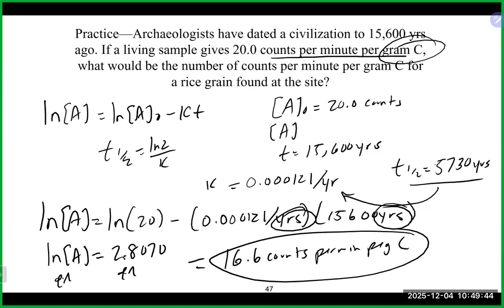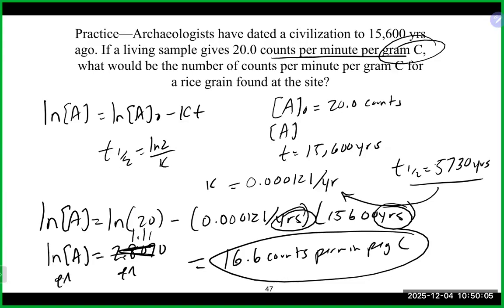Something not right here. What's not right here? Natural log of 20 minus. That's not right. I think I did 1560. That would be wrong.